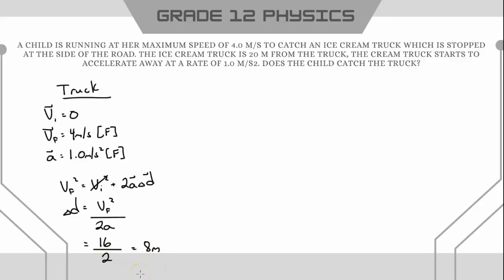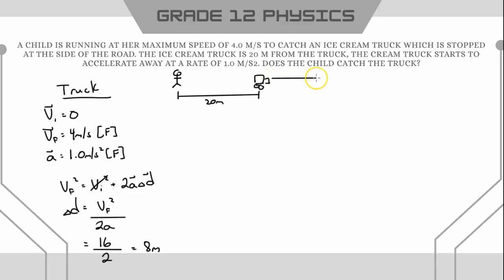So when the truck has moved 8 meters, that's where the child is going to be as close as possible to the truck. But we still need to figure out how far the child has moved. Because initially, if you remember the scenario, here's the child, here's the truck. It's initially 20 meters apart.